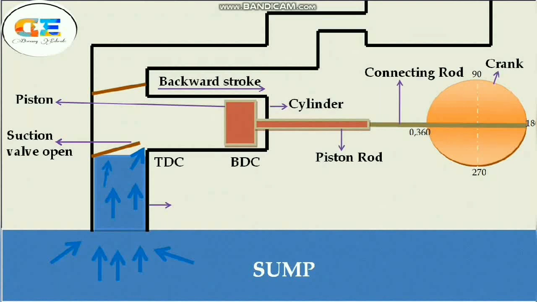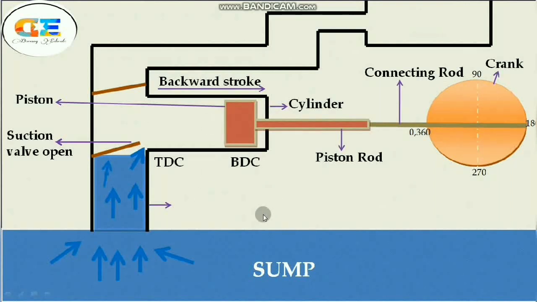Okay, then in the pump chamber, a vacuum is created, meaning low pressure in this portion, and in the suction pipe there is atmospheric pressure that is higher than the pressure in the pump chamber. So a pressure difference occurs. Then this suction valve is open.